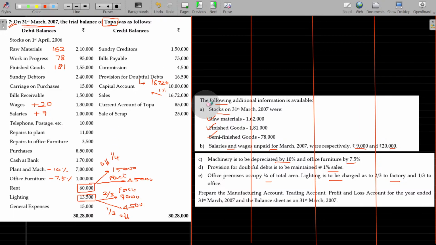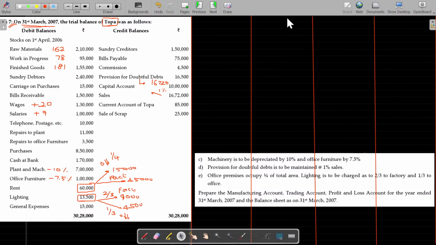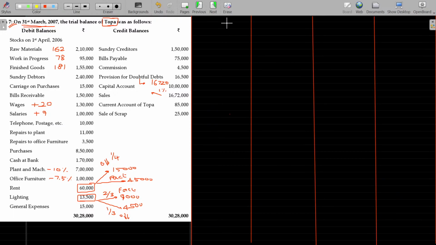I have marked all the adjustments in the trial balance itself, so I don't want the adjustments anymore. Right. Now I will prepare the manufacturing account, trading account, profit and loss account, and finally, balance sheet.